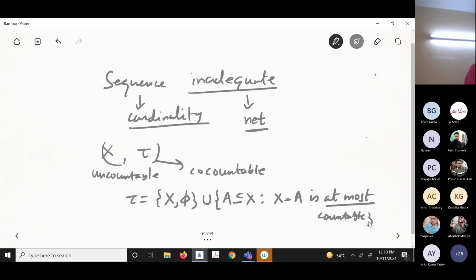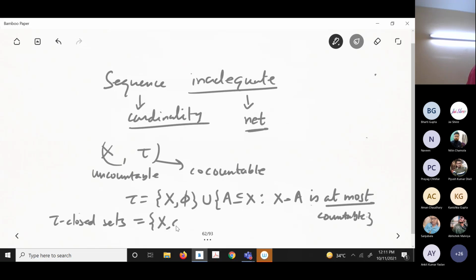Okay, so what will the closed sets be? The tau closed sets, their complements will be what?